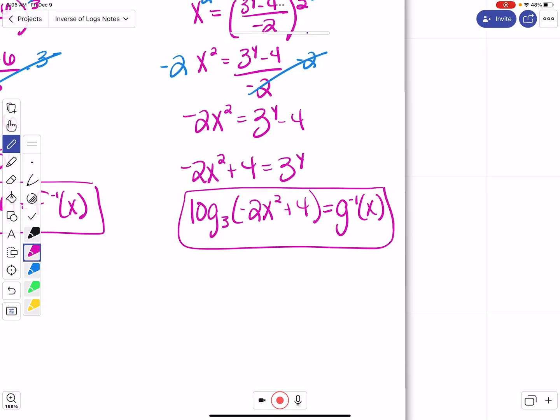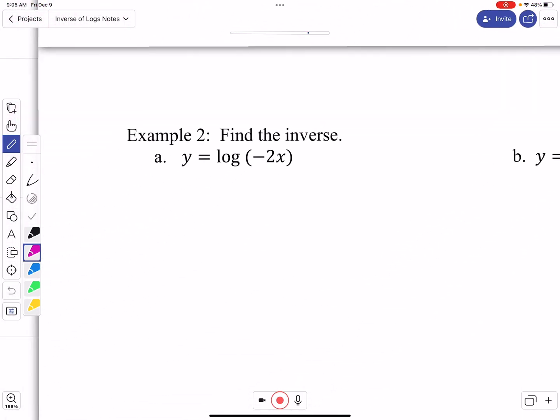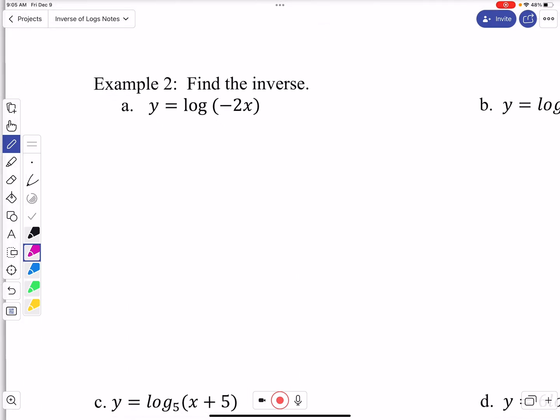Okay, so that does it when I have an exponential function. I'm going to a log. Now I'm starting with a log, and I'm going to an inverse. Now remember, when we don't have a base here, we understand that it's a 10. Again, I'm just going to switch my x and y's. If you want to write that 10 there, you can. If I change to exponential, I have 10 to the power of x equals negative 2y.